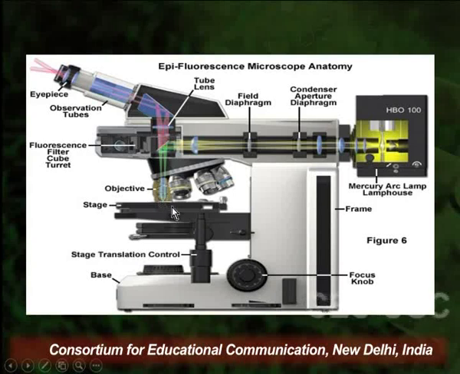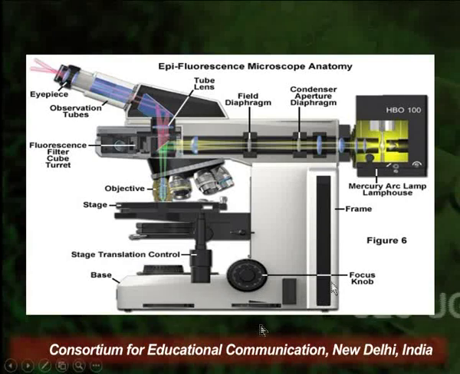Now after this fluorophore gets excited by the incident light, the radiated light belongs to a longer wavelength. It comes out, passes through a dichroic mirror, and with the help of a prism it gets reflected towards the observation tube, and then it could be observed with the help of an eye or a camera. So that's the basic anatomical structure of any epifluorescence microscope.